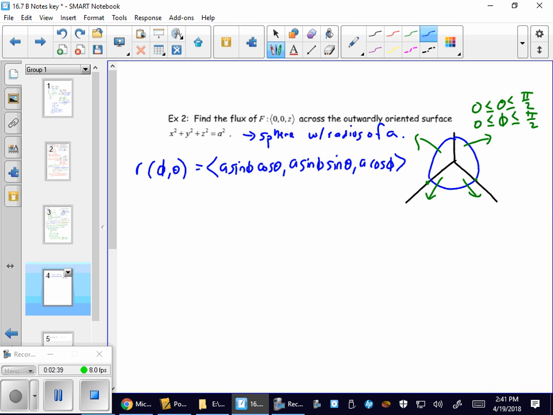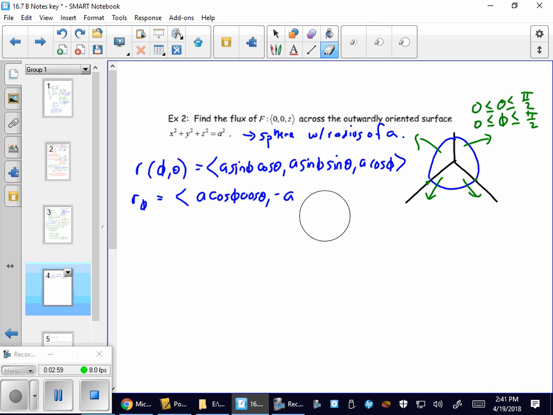All right, if I want the partial with respect to phi, this is going to be a cosine phi cosine theta, a cosine phi sine theta, and then negative a sine phi.